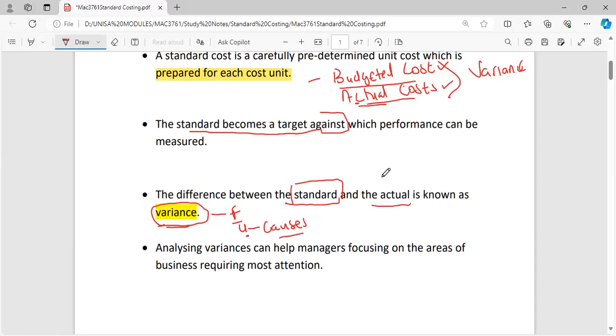When it comes to variance analysis, you don't just prepare the figures, then just say favorable, unfavorable. To management, it doesn't make sense. They need your recommendation. So since we have unfavorable variances, what are the causes and what should be done in order to alleviate those unfavorable variances? So that's basically the role of the management accountant.